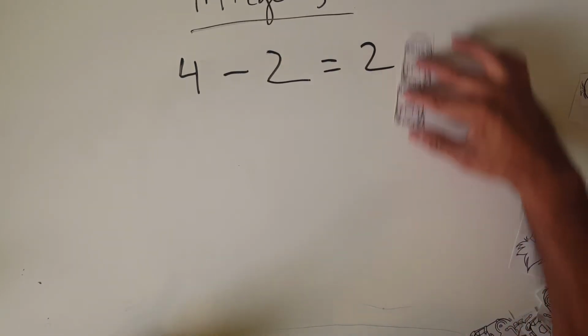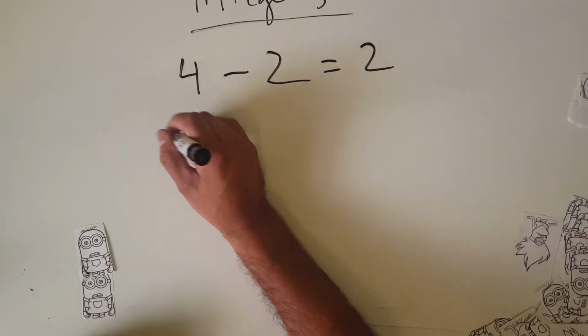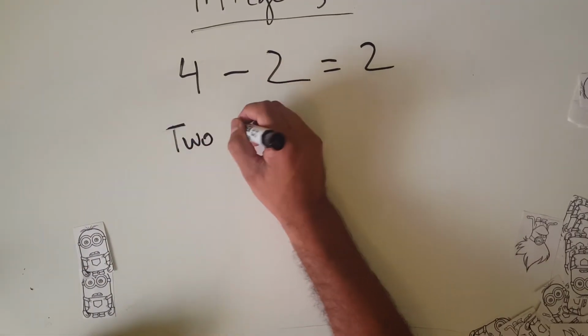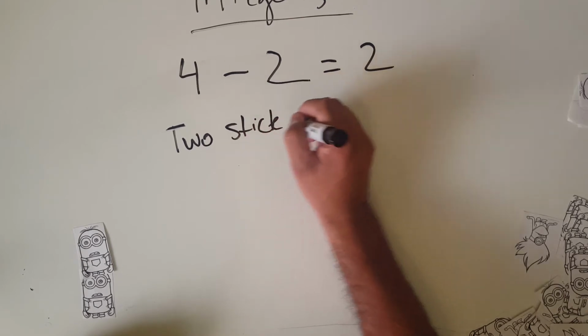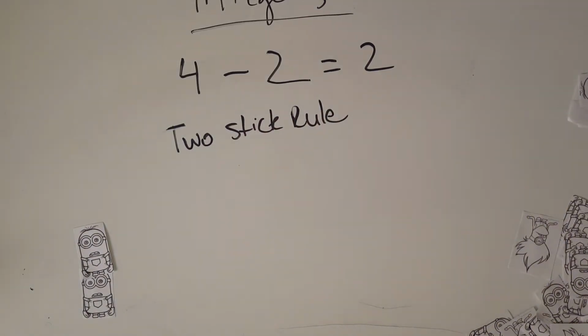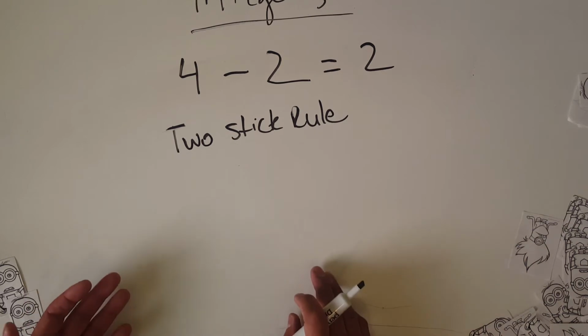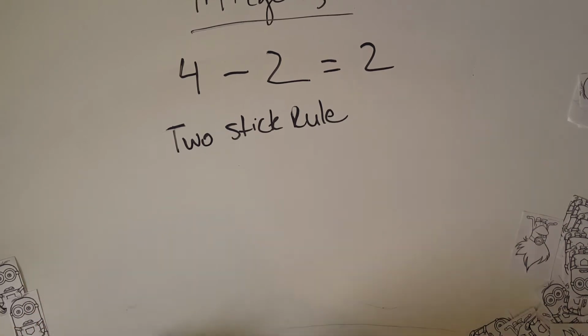Okay, all right. One thing you have to remember, and you should probably write this down, is this rule: the 2-stick rule. Okay, the 2-stick rule is a different way of looking at subtraction. Because now we're dealing with negatives and positives, so it's going to get confusing.